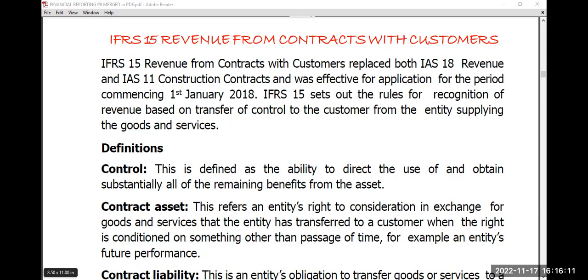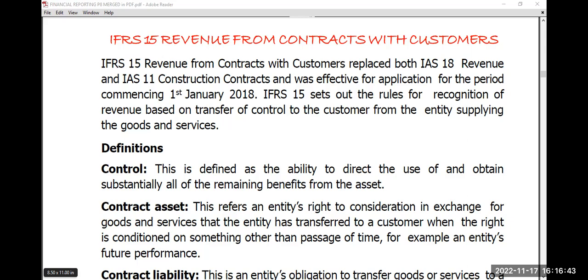As the standard suggests, we are going to be looking at some of the revenues that we are getting when we are engaging with the customers in terms of signing an agreement with different customers, whether they are going to be long-term or short-term, as we are going to be seeing.